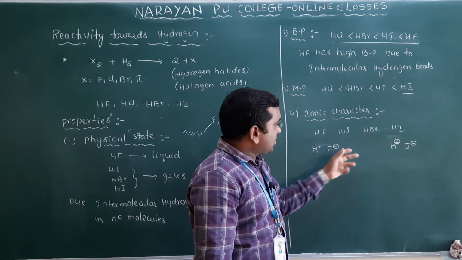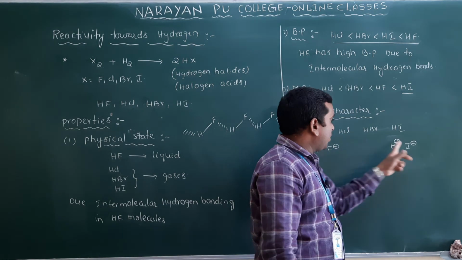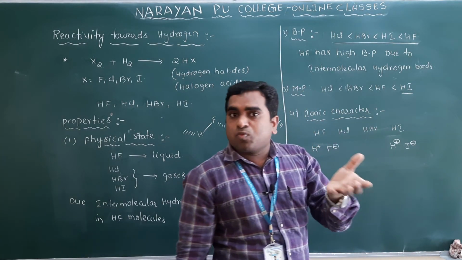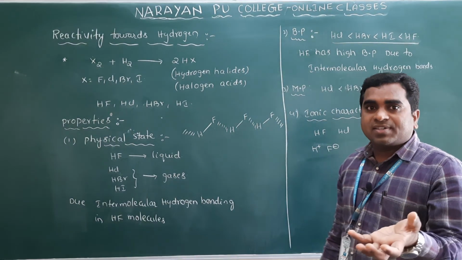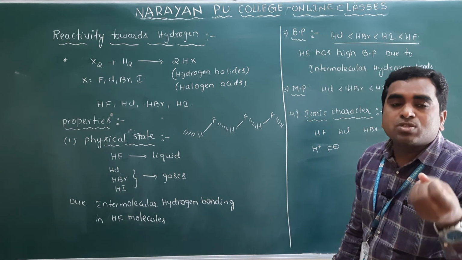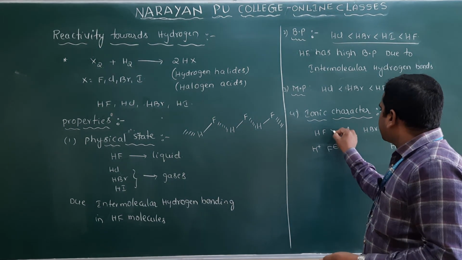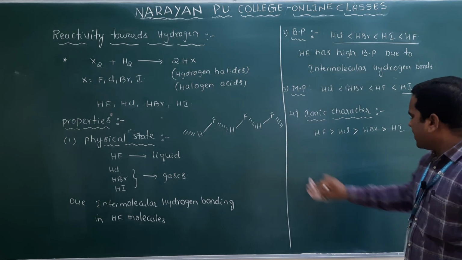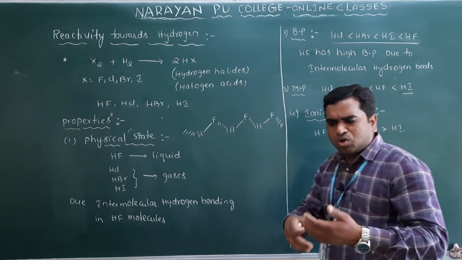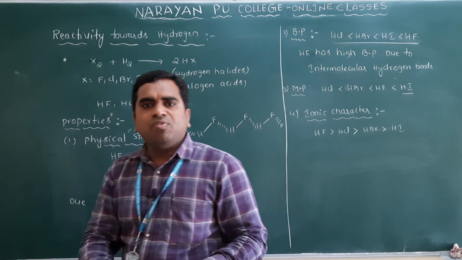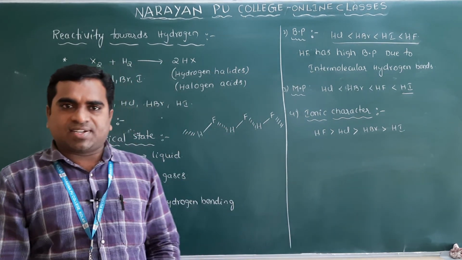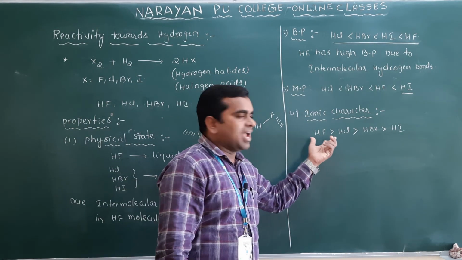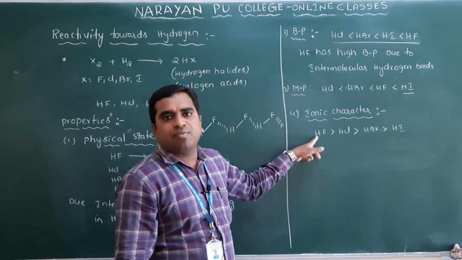Clear? So anion size increases from fluorine to iodine. To show more ionic character, the anion should be small, so HF is more ionic. Otherwise, if the electronegativity difference is large, then the molecule will show ionic character. So HF molecule has the most ionic character.